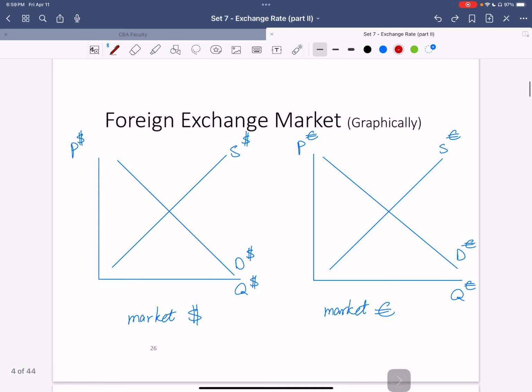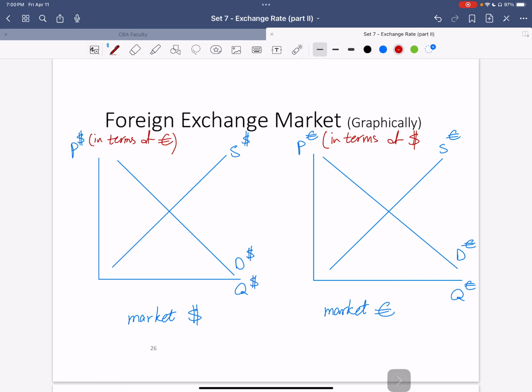If we want to talk about the rate of exchange, the exchange rate between the dollar and euro, okay, when we are talking about dollar and euro, those two currencies together, the price of dollar will be in terms of euro, and the price of euro will be in terms of dollar. Okay?